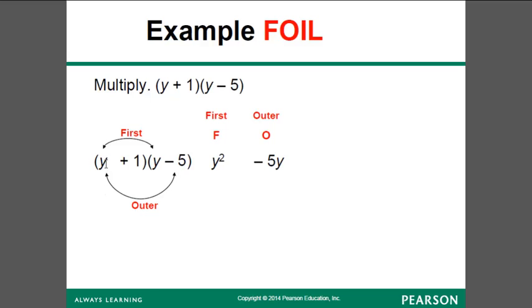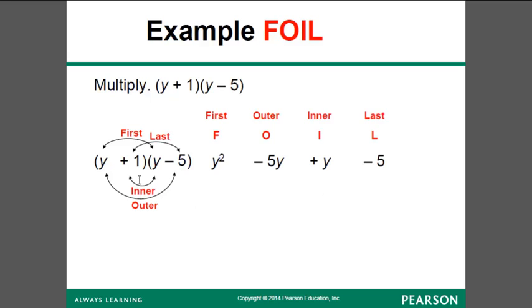That means take my first one here in the first binomial times the last in the second binomial. Y times negative 5, which gives me a negative 5y. I stands for inner. Take my 1 times my y, my two inner values. 1 times y gives me a positive y.